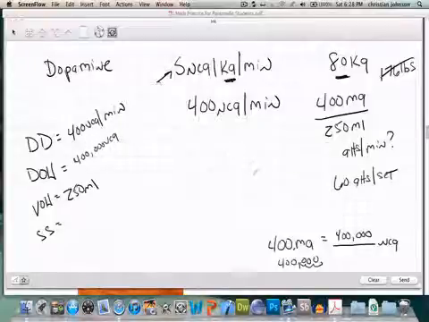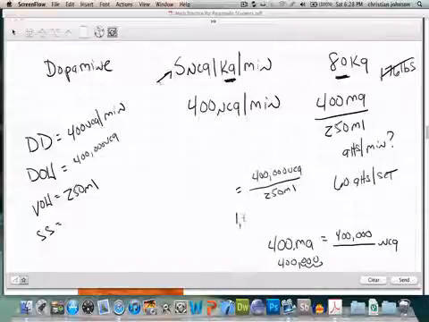Now, I have 400,000 micrograms in 250 milliliters. If the equation says find your concentration, all you do is divide 400,000 by 250, and that gives you this magic dopamine number, 1,600 micrograms per ml.